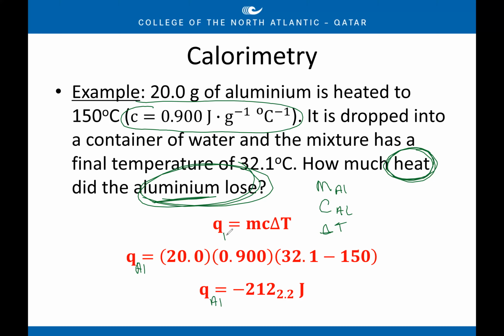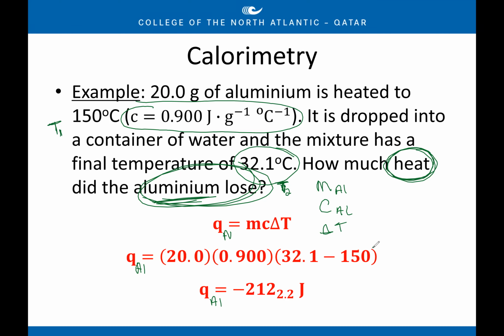I take the mass of aluminum, the heat capacity of aluminum, and the delta T. Be careful, it's final minus initial. So this is T2, this is T1. The aluminum starts at 150 degrees Celsius and ends at 32 degrees Celsius.